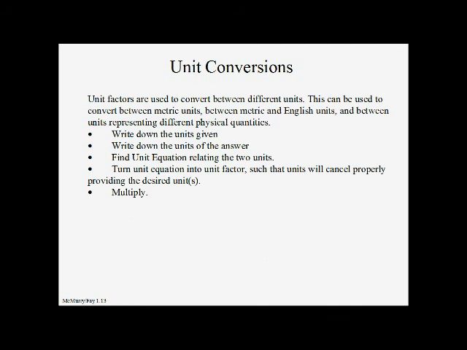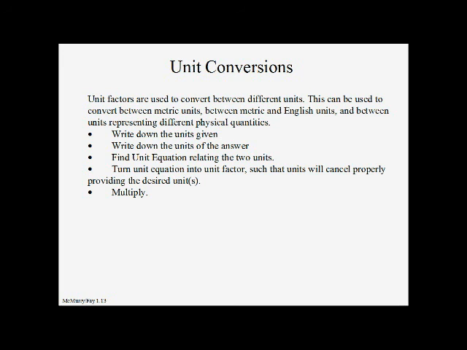We want to be able to convert between various units, and this can even be between physical properties. So we look at the units that we have and all the numbers that we have. We need to know the units of what we're looking for.